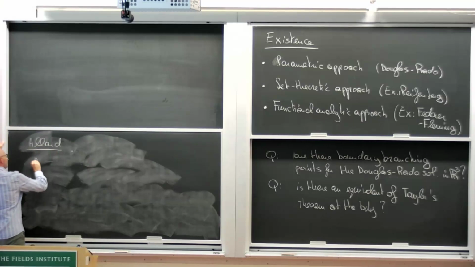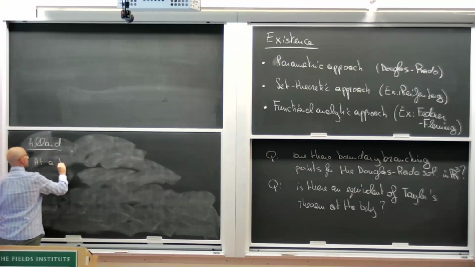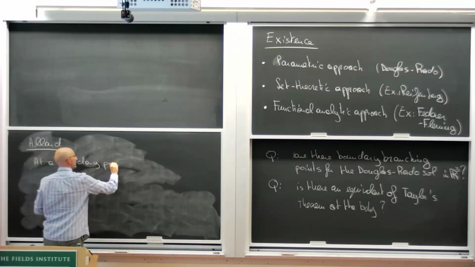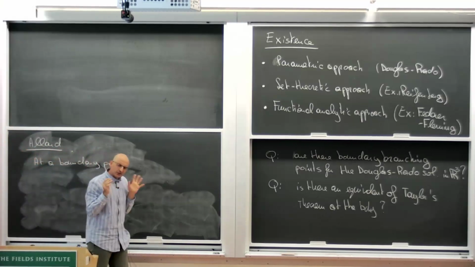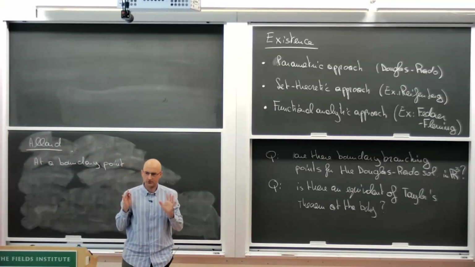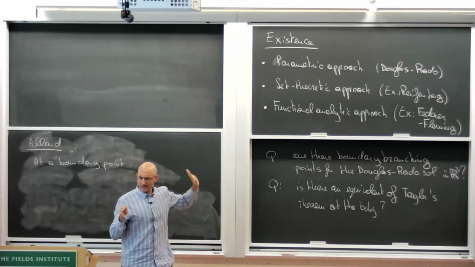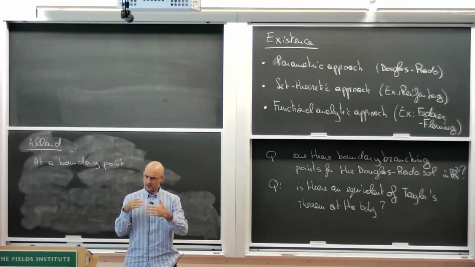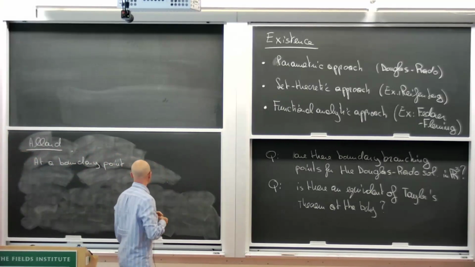So at a boundary point, pretty much any reasonable notion of stationary solution, pretty much everything that we covered so far, but actually much weaker, just stationary in the sense of a critical point of the area functional.